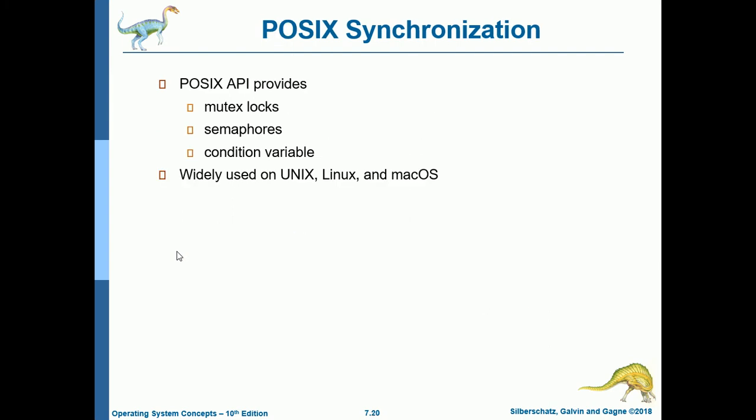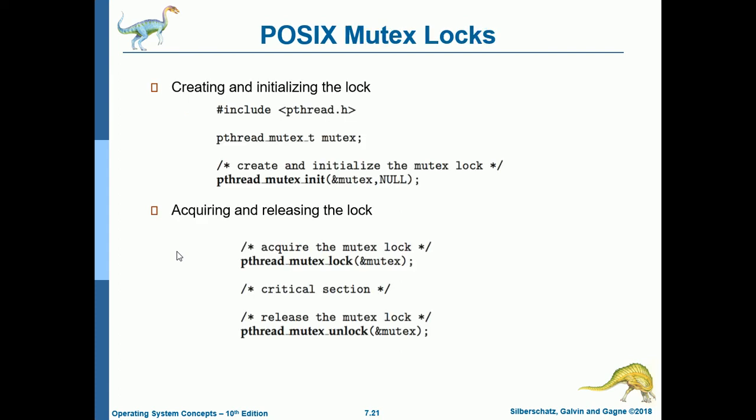Okay, next we have POSIX synchronization. The POSIX API provides mutex locks, semaphores, and condition variables. It is widely used on Unix, Linux, and Mac OS. So, the POSIX mutex locks. How are we going to create and initialize the lock?